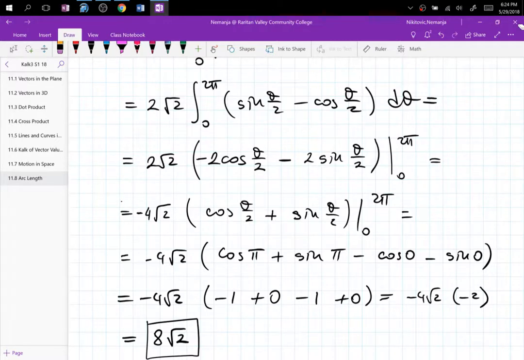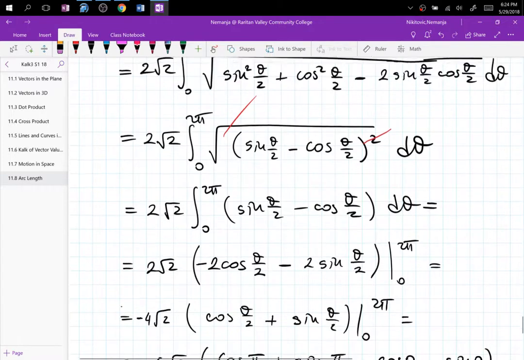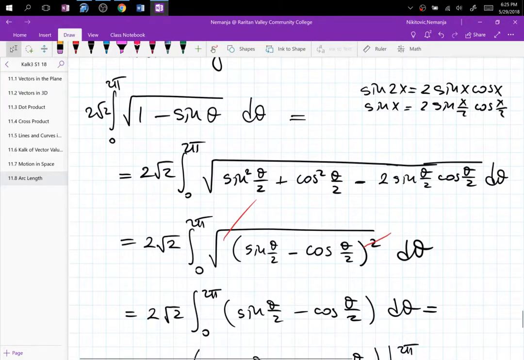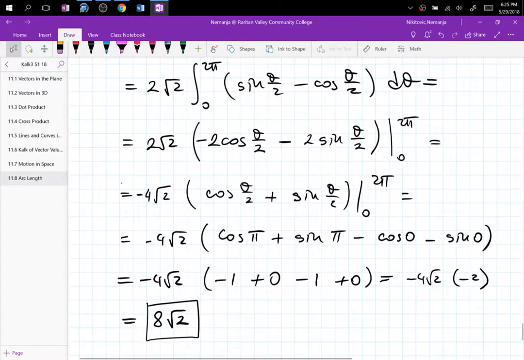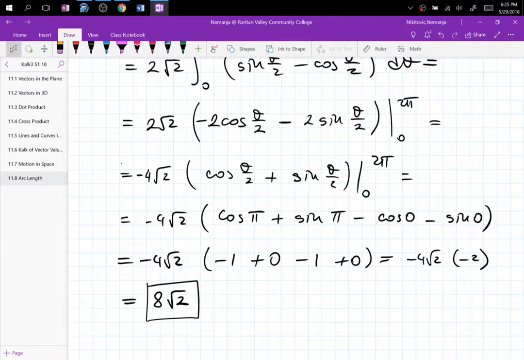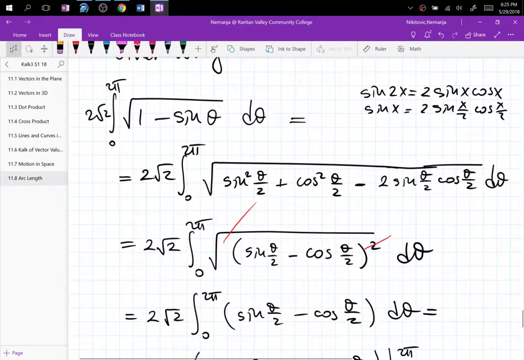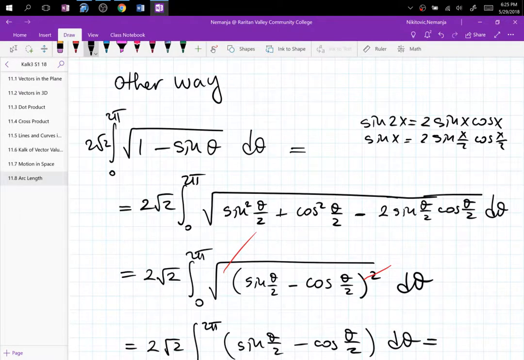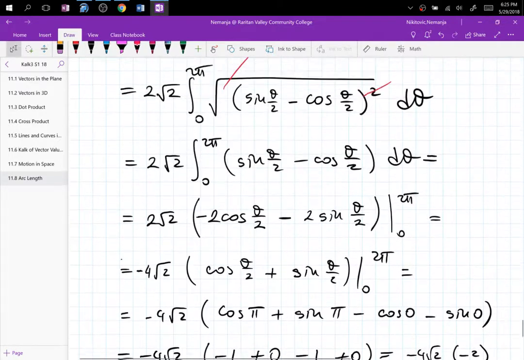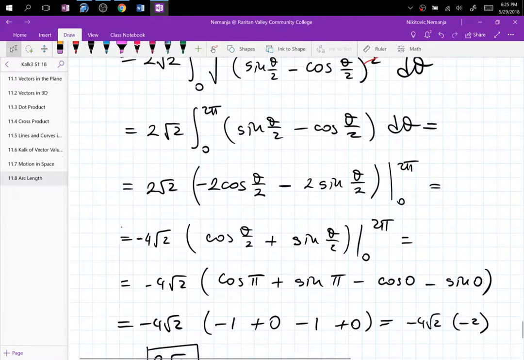I'll meditate on this. I'll have to find what went wrong. I mean, this method here is shorter and cleaner.